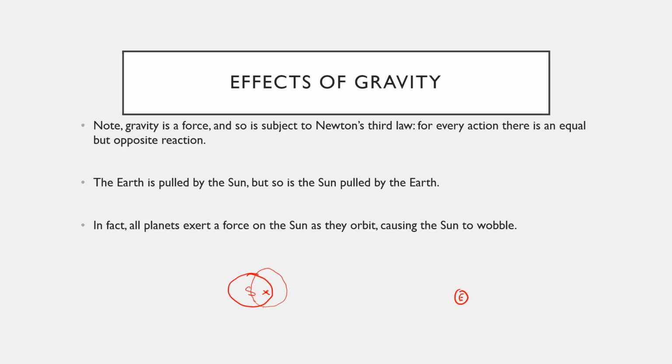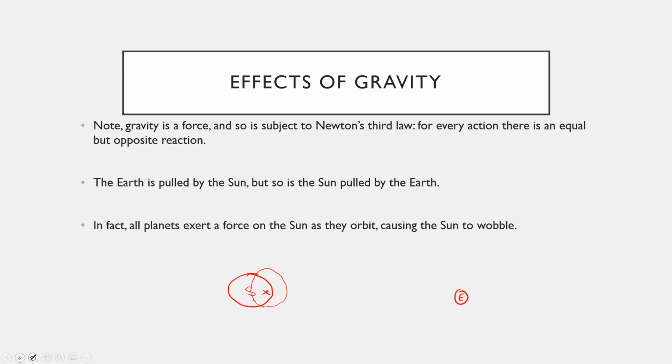It just doesn't move as much as the Earth does, because it's so much bigger. It's like saying, here's a truck that weighs a billion kilograms, and here's a leaf that weighs 0.5 grams. Let's push them both with the same force. Which one's going to move more? Obviously the leaf, because it has less mass. So that's kind of what's going on here.